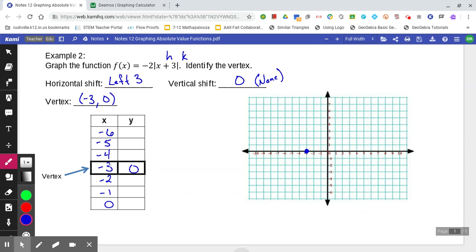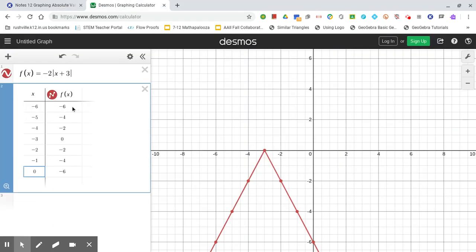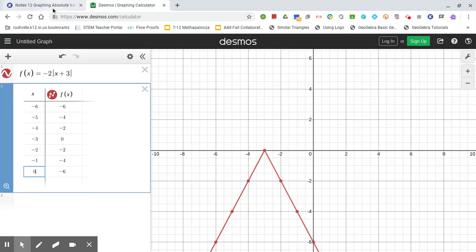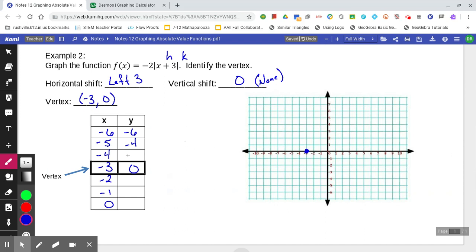Okay, so here's negative 3, 0. Let's fill in our table. At negative 6, I had negative 6. Negative 5 was at negative 4. I believe negative 4 is at negative 2. Okay. And we had negative 2, negative 4, and negative 6, these repeating values.